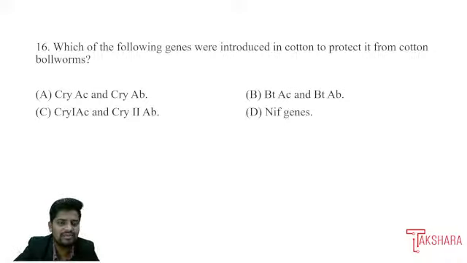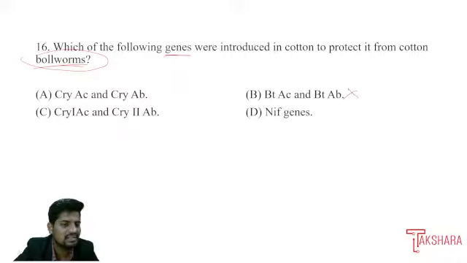Next, which of the following is the gene inserted or introduced into cotton to protect it from the different types of bollworms? So for the bollworms, the gene of interest is there, and what kind of genes are inserted to protect cotton from bollworms? They are given Cry1AC, Cry1AB, and BTAC and BTAB.